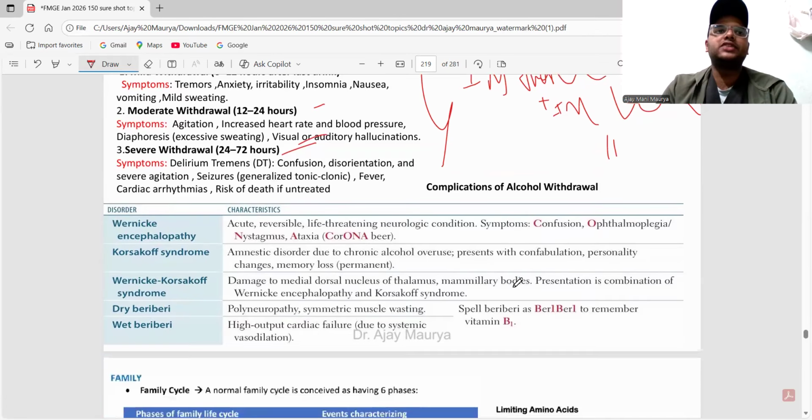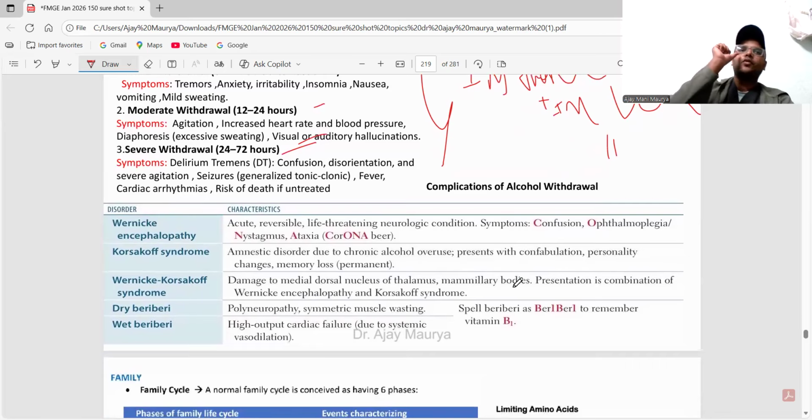Okay. Next one, this is the case of Wernicke encephalopathy and Korsakoff. For Wernicke encephalopathy, guys, we have to know the mnemonic: GOA. G for global confusion, O for ophthalmoplegia, A for ataxia.